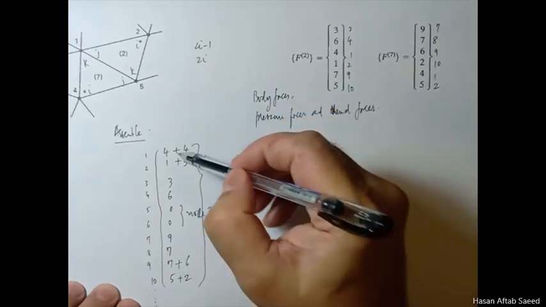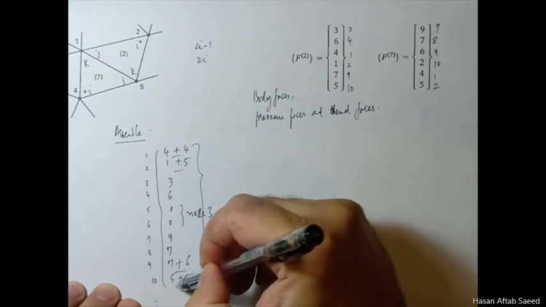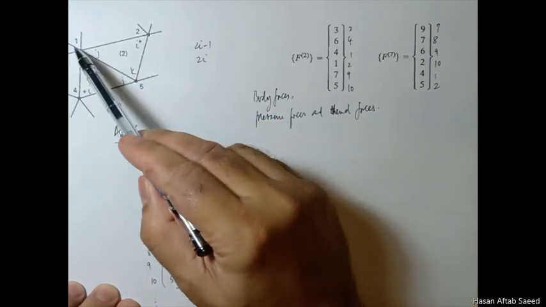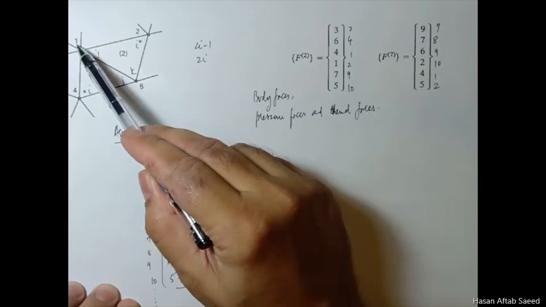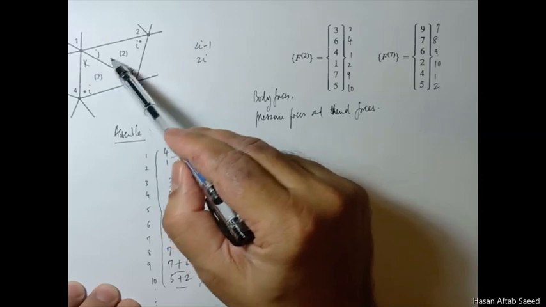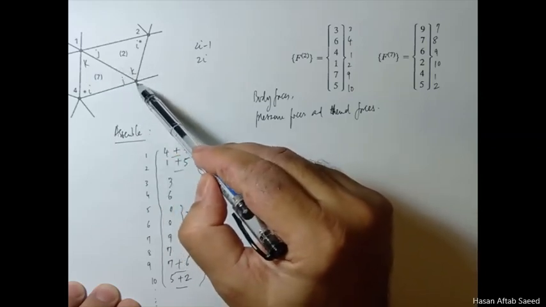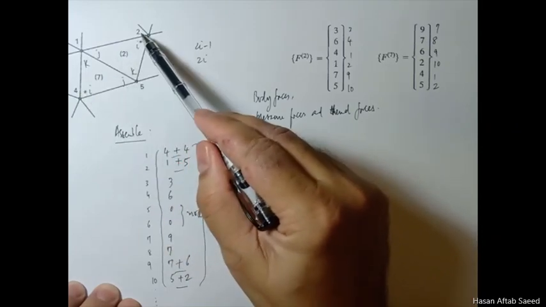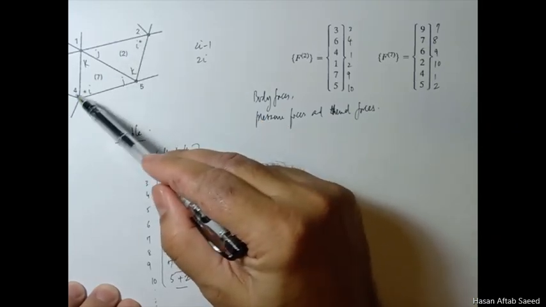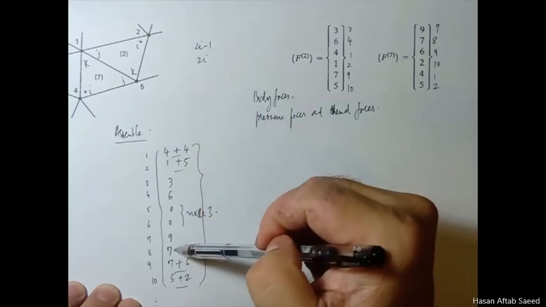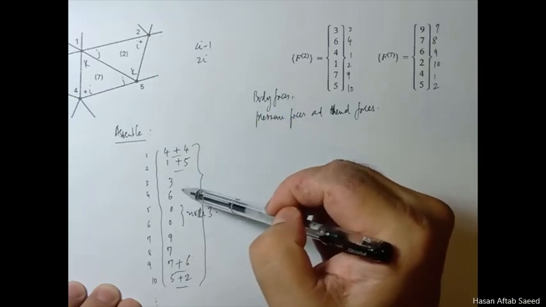Now you see wherever there is addition, these are the degrees of freedom 1, 2, 9 and 10. Degrees of freedom 1 and 2 are for node 1, a common node between the two elements. 9 and 10 are for node 5, again common. Now 7, 8, 3 and 4 have no addition.